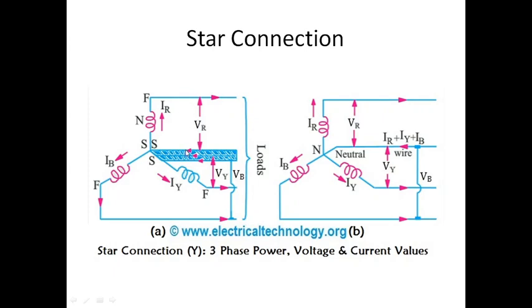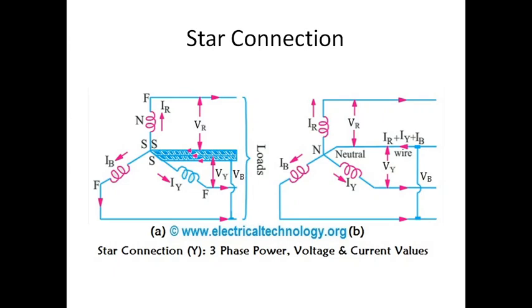With respect to my neutral, I have the voltage of this particular line, or you can call it phase. General specification: VPH is nothing but phase voltage. The phase voltage of R will be from here to here, the phase voltage of Y from here to here, and the phase voltage of B from here to here. Voltage across the winding is called phase voltage.